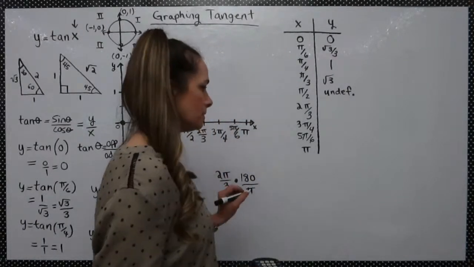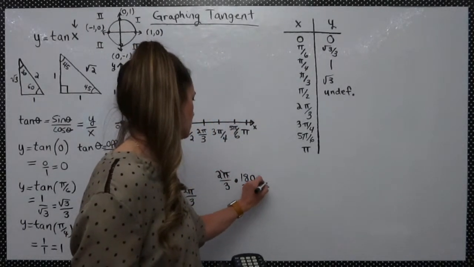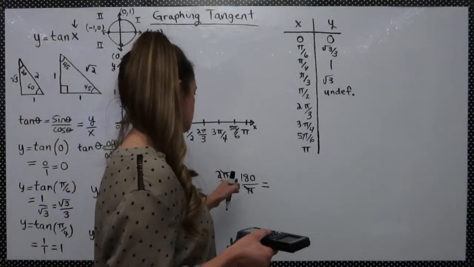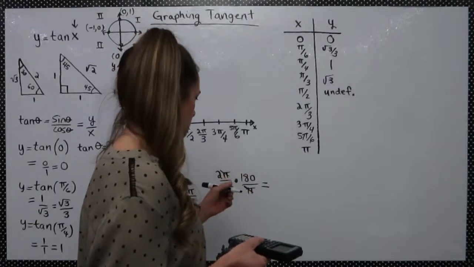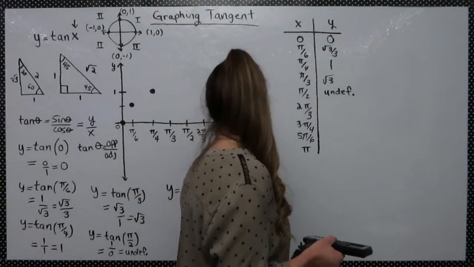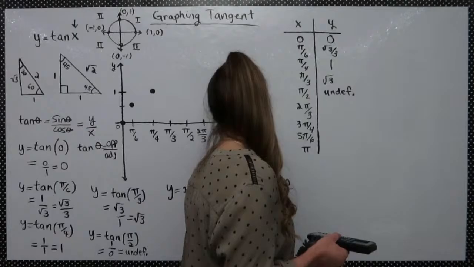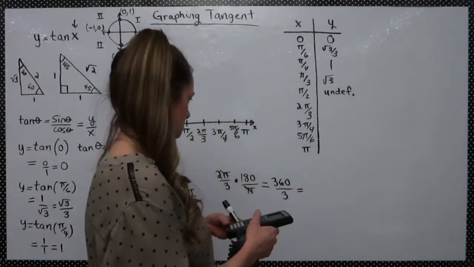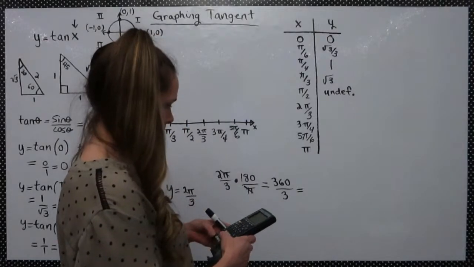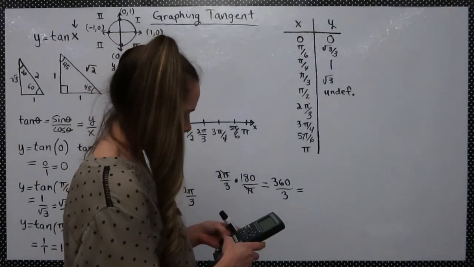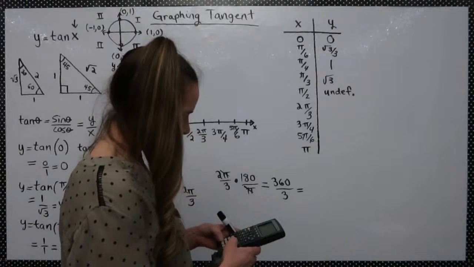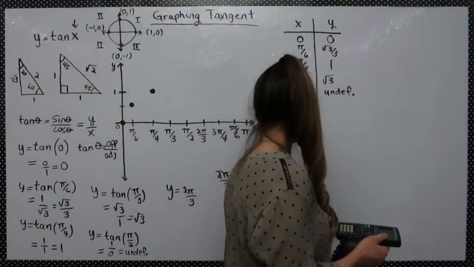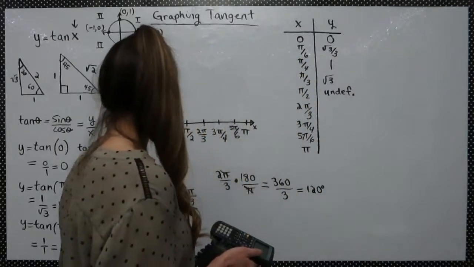Your pi's should always cancel out when you're going back from radians to degrees. 180 times 2 is 360, and then divided by 3, you see 36... is that 120? Yeah. But in my brain, I have to see it. So we have 120 degrees.